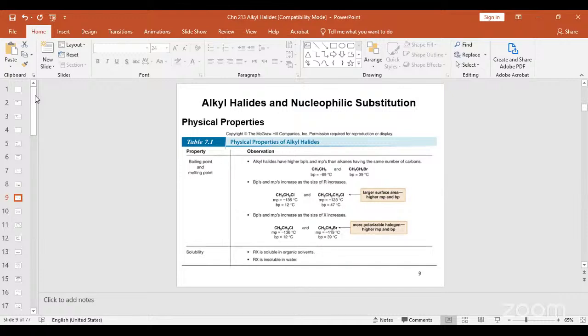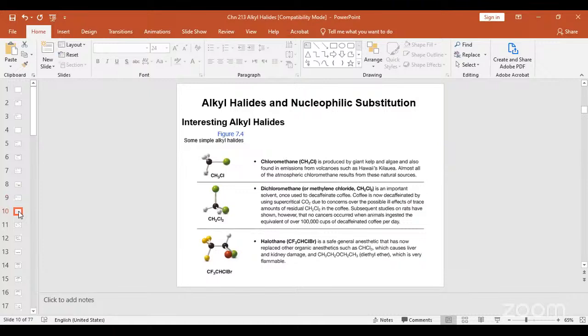We also have these interesting alkyl halides. You have methyl chloride or chloromethane. It is often found in volcano emissions.